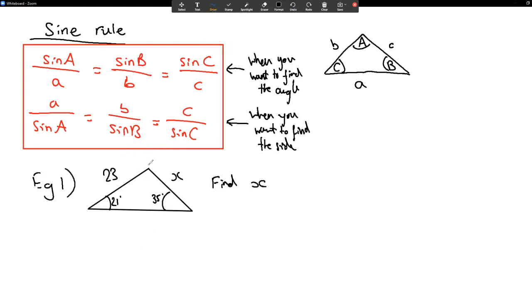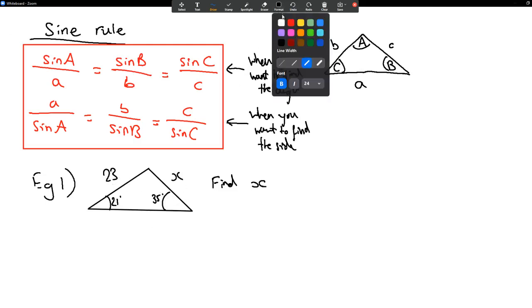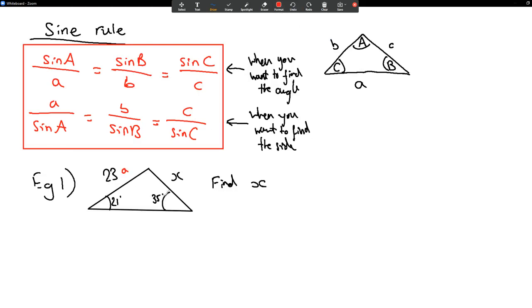So what I mean by that is that we have a pair here, this opposite, right? So if we label this side a, this would also be A, right? If we label this side b, we could label this angle B. We still have these opposites.